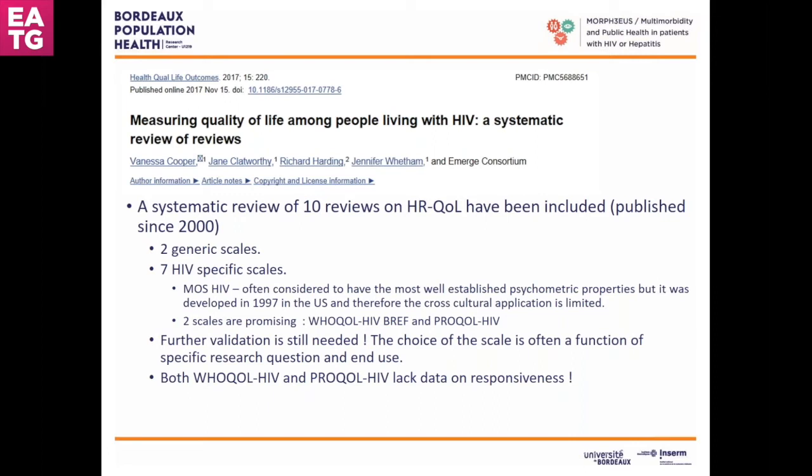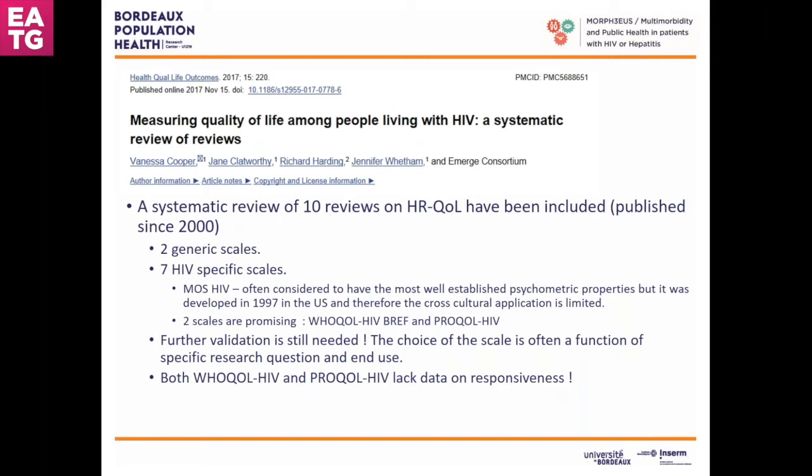She concluded that two additional scales are also promising. One is the PROQOL-HIV breadth, which was developed from the generic quality of life instrument developed by the WHO using a similar sequential process across several different countries, and then the PROQOL-HIV, which is what I've just presented.